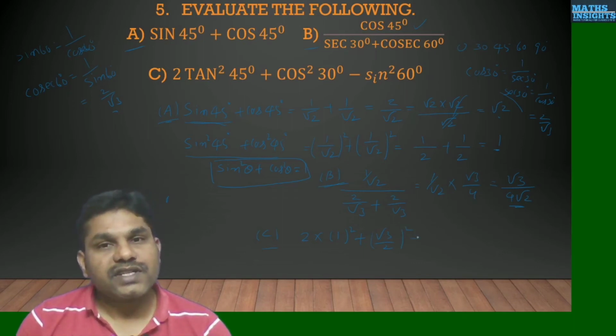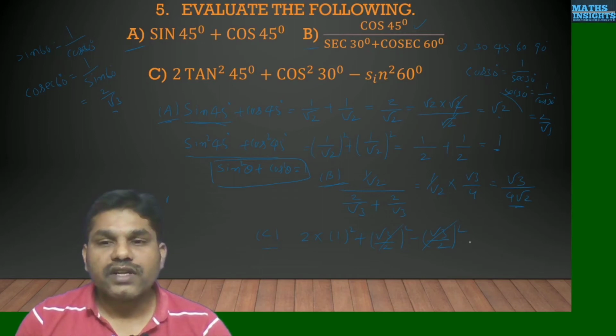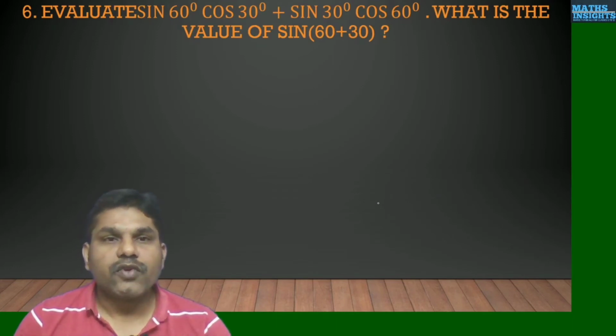Sin square 60 and cos square 30 are both the same, root 3 by 2 whole square. It is very easy to cancel these, because both are equal and bear opposite signs. Therefore you have 2 into 1 square, which is 2. So 2 is the answer.